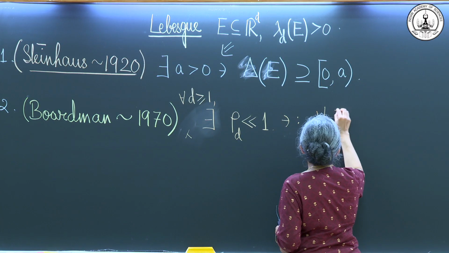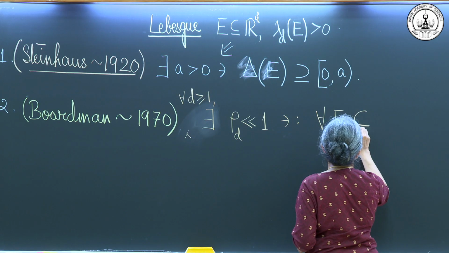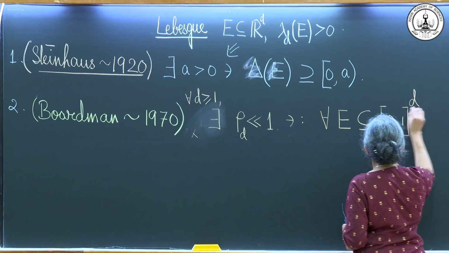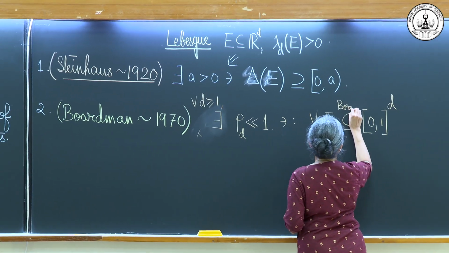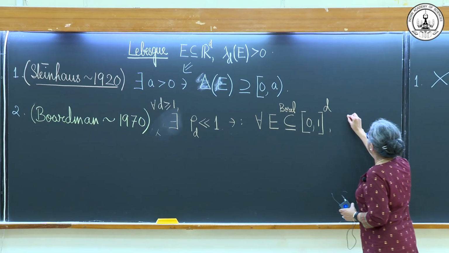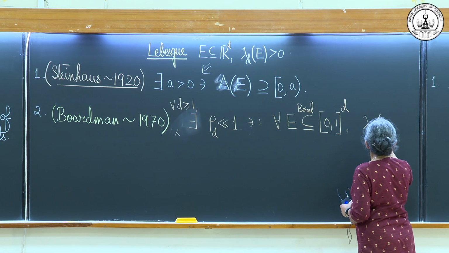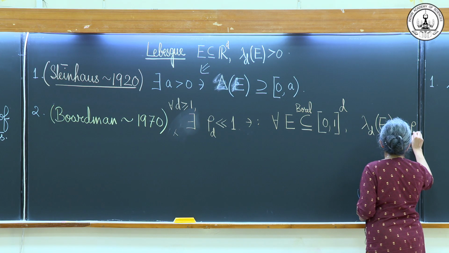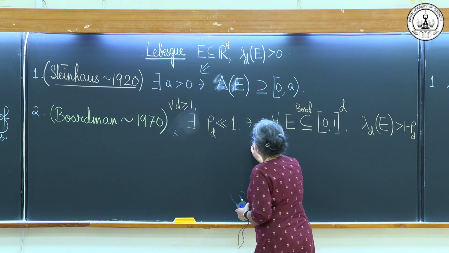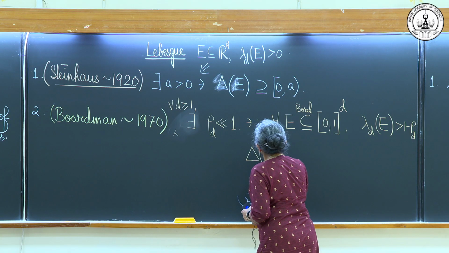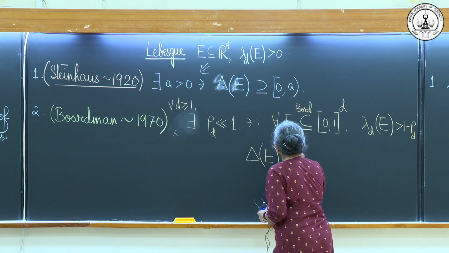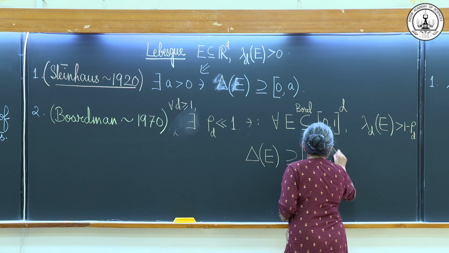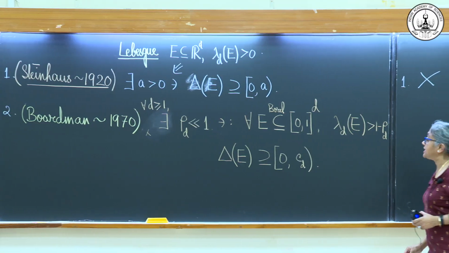For every E, a Borel subset of the unit d-dimensional cube, with Lebesgue measure larger than 1 minus rho_d, the distance set of E contains an interval 0 to c_d, which depends only on the dimension.